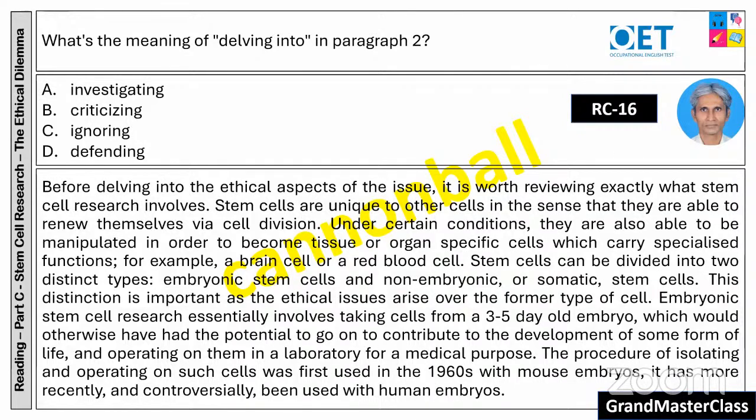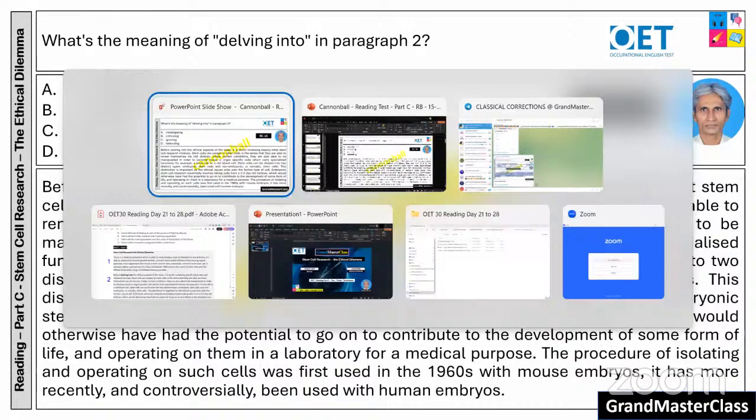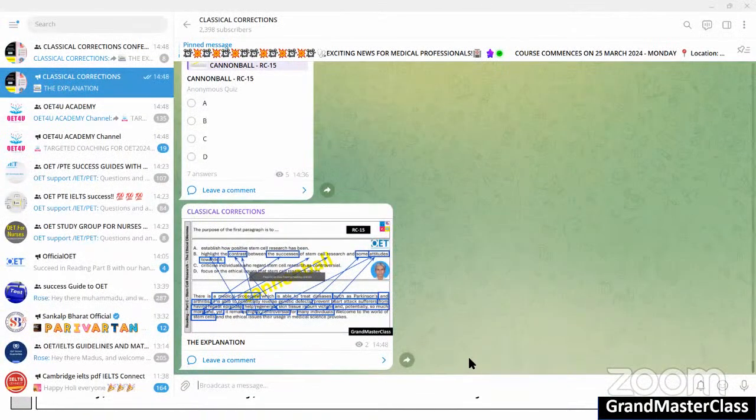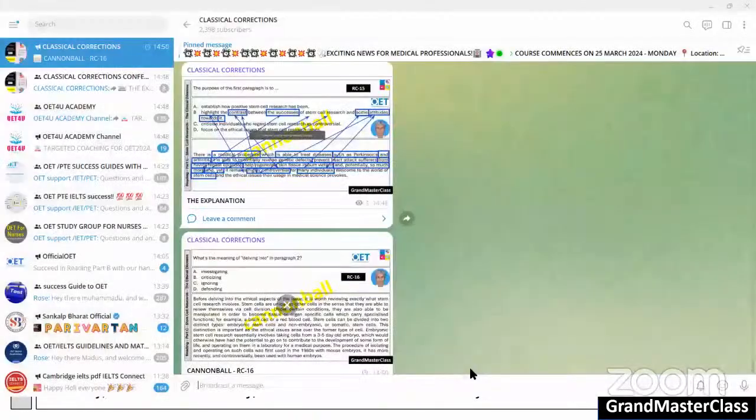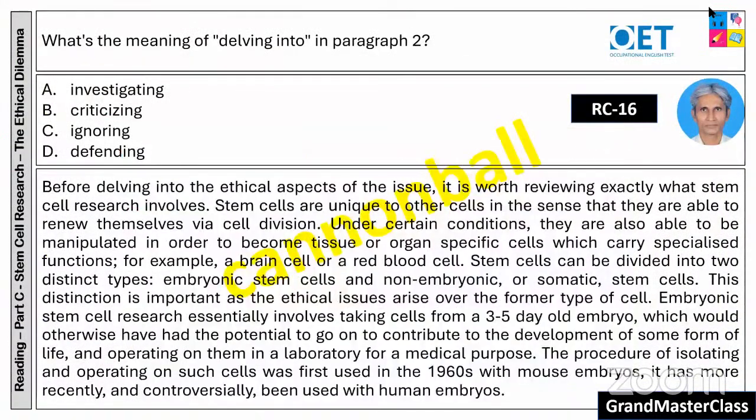But still, I'll give you time so that if you cannot get it, print screen. RC 16. Yes, this is the question. You have 90 seconds.